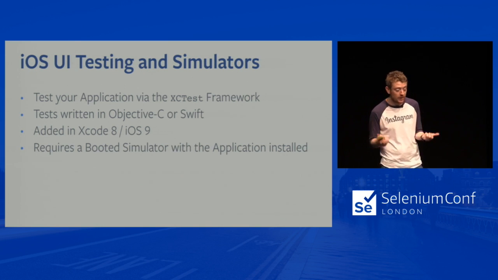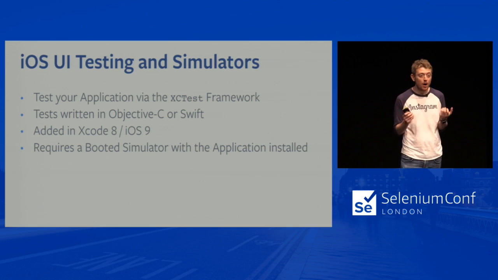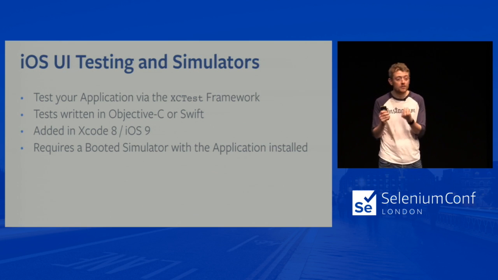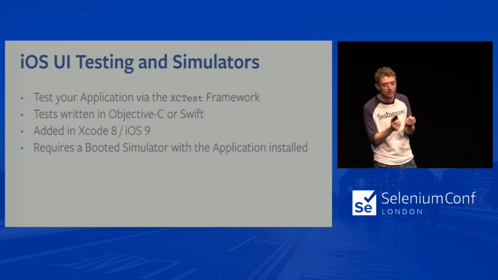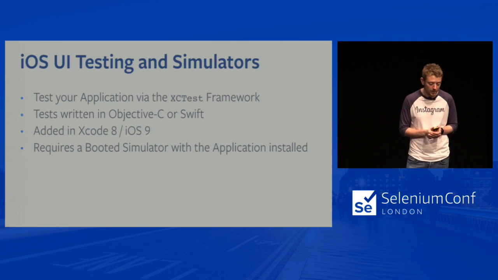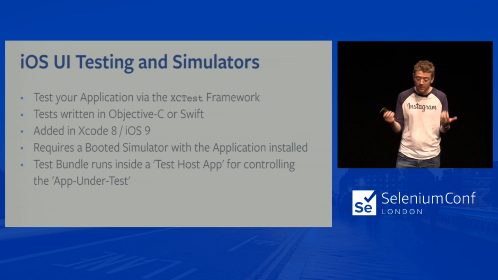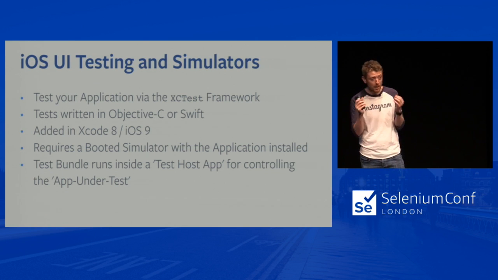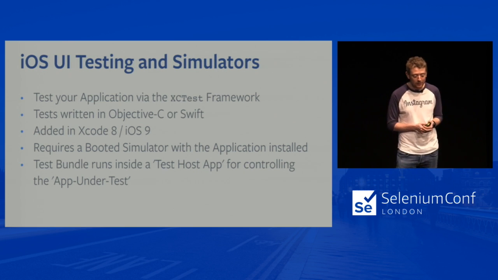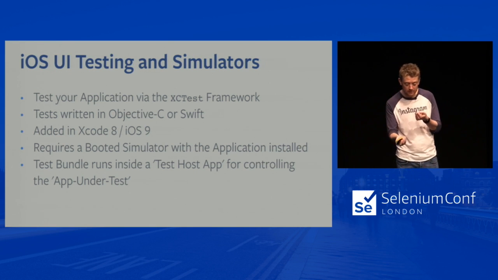And since tests test the entire application, the application must be running. So this means you need a booted simulator with the application installed. The way that it runs is that a test bundle runs inside a test host application for controlling the app under test. I'll expand on this a little later so you can see how these things interact.